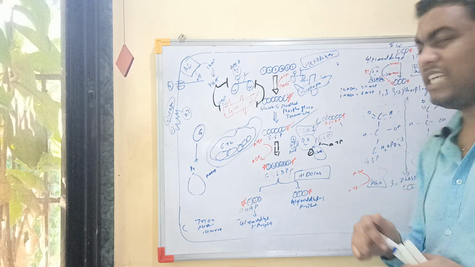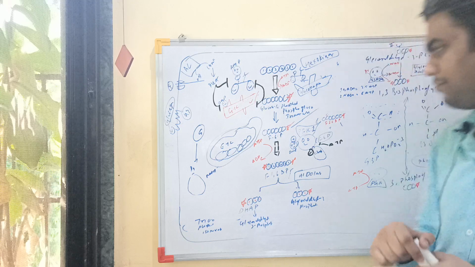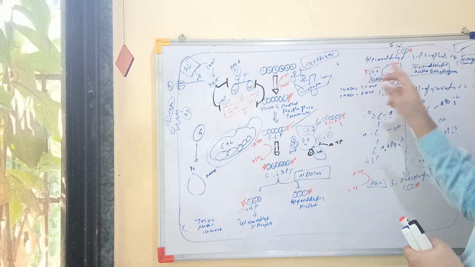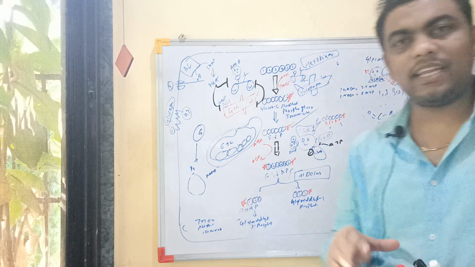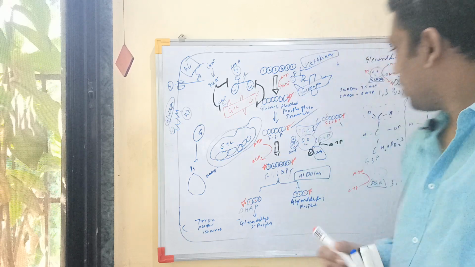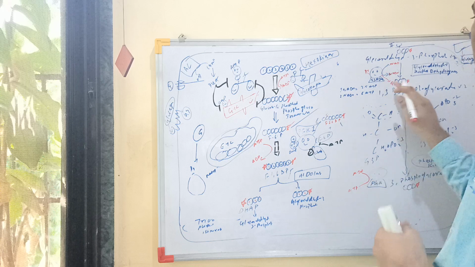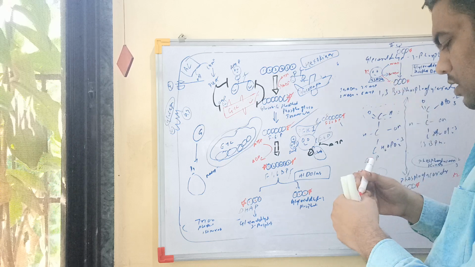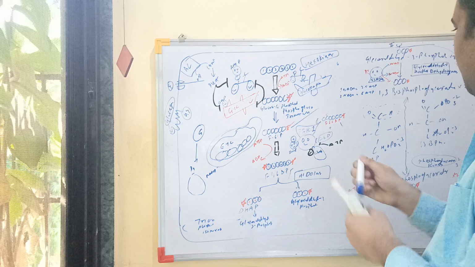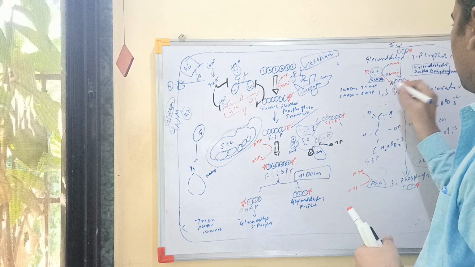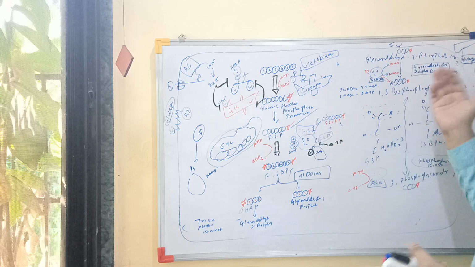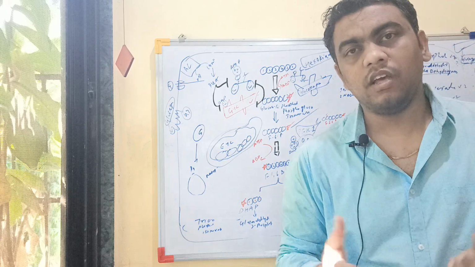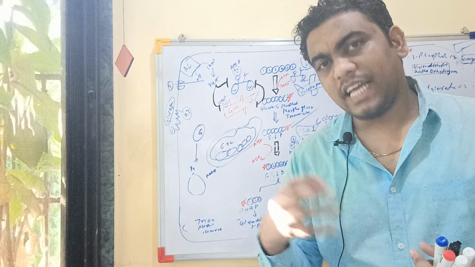Now if you talk about arsenate over here, let's say this glyceraldehyde 3-phosphate dehydrogenase enzyme does not add a phosphate group over here, but that enzyme adds an arsenate group. Let's say this is an arsenate group. By mistake, glyceraldehyde 3-phosphate thought that it is a phosphate, but it has attached arsenate.